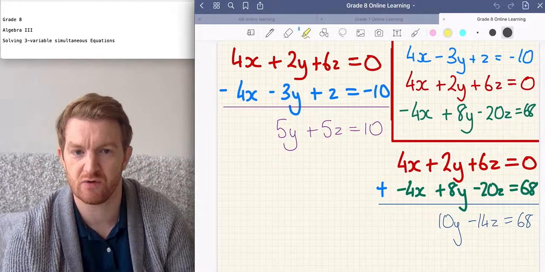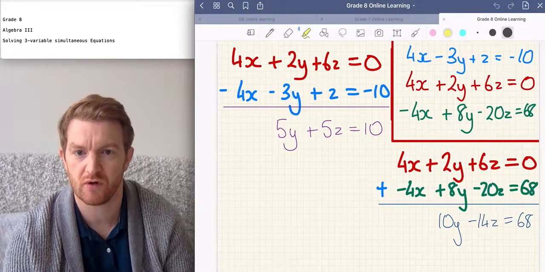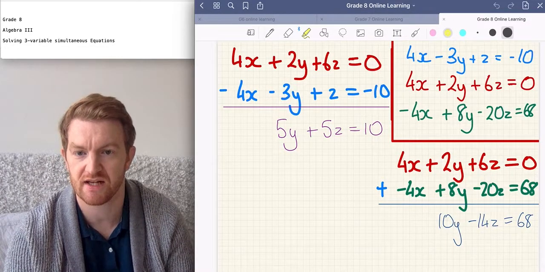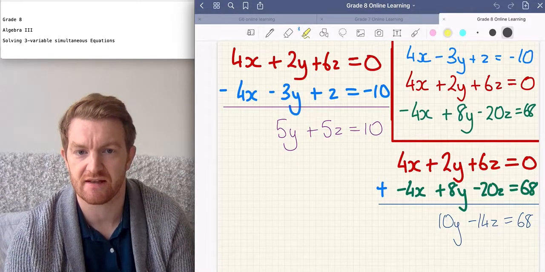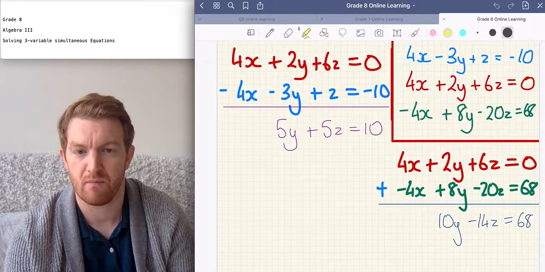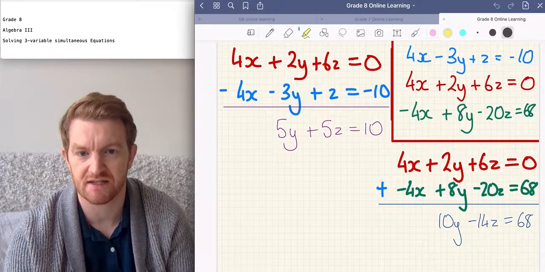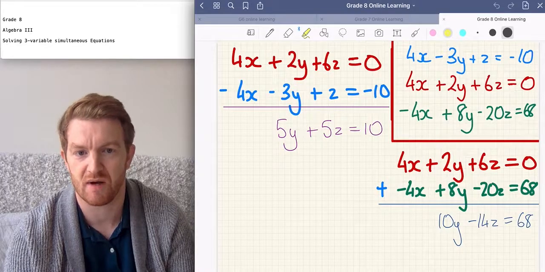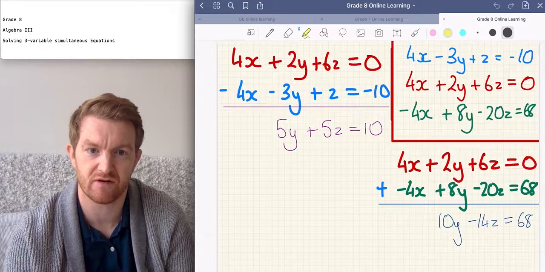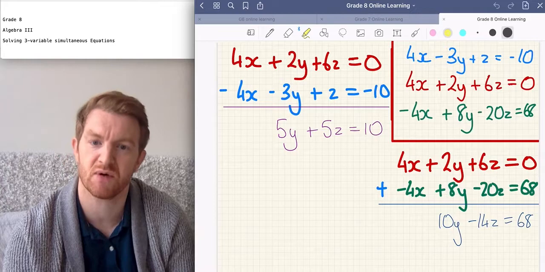So I chose the blue and the red, and I've got a positive 4x and a positive 4x, so I'm going to subtract them from each other to eliminate the x's. And by doing that, we get the 2y minus negative 3y, and negative negative makes it positive, that gives us 5y, and 6z minus z is 5z, and 0 minus negative 10 becomes positive 10.